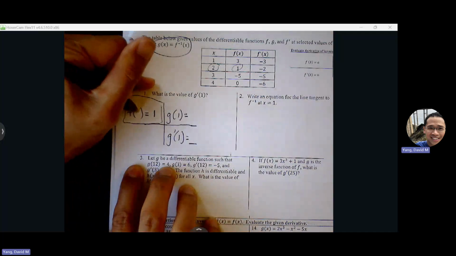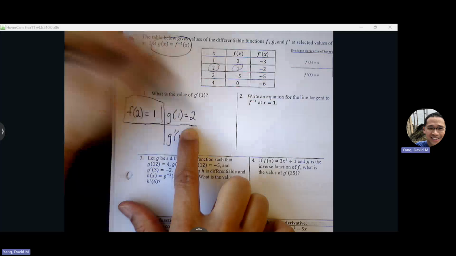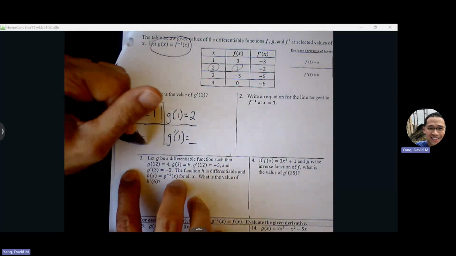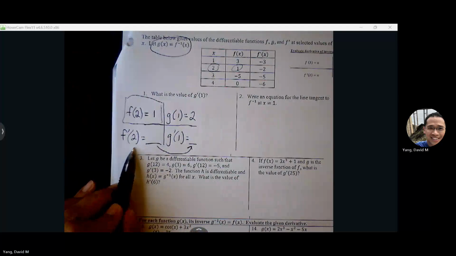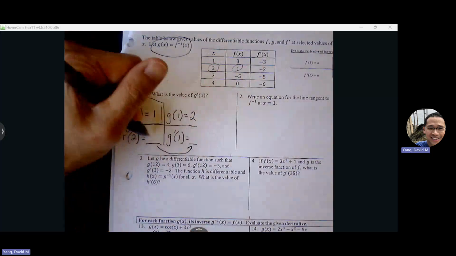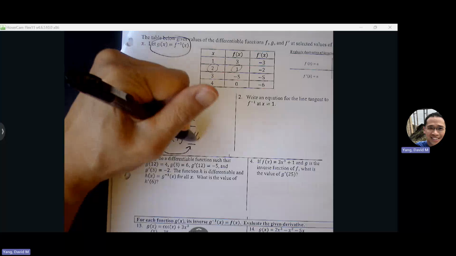So if there's an ordered pair (2, 1) that lives on the function, there must be an ordered pair (1, 2). And if I can find f prime of 2, then that's going to lead me to the answer I'm looking for. What's f prime of 2? Yeah, f prime of 2 is -2. So therefore, g prime of 1 is -1/2.